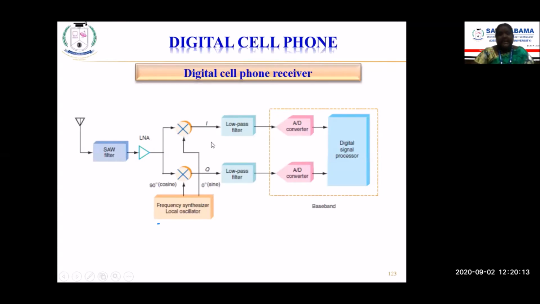This is the I signal and Q signal that will be sent to the corresponding low pass filters, and that is fed to the baseband section. So this is nothing but the RF section, the receiver unit alone. There will be a frequency synthesizer and local oscillator here, and that is fed to the digital signal processor. So this is about the digital cellular telephone receiver.